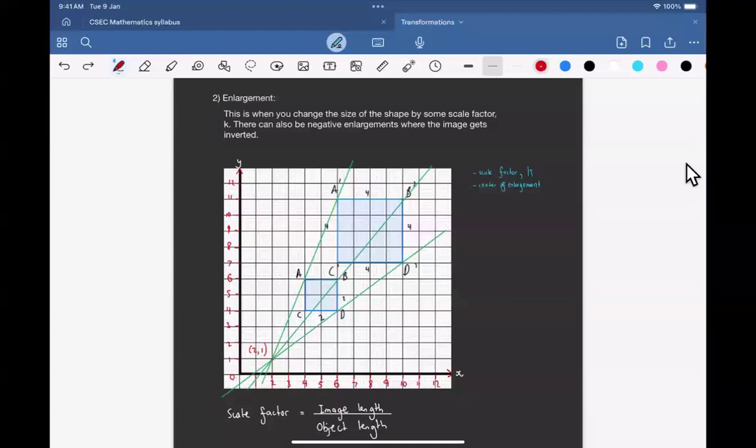I said ABCD, and it's mapped onto shape ABCD with the enlargement.